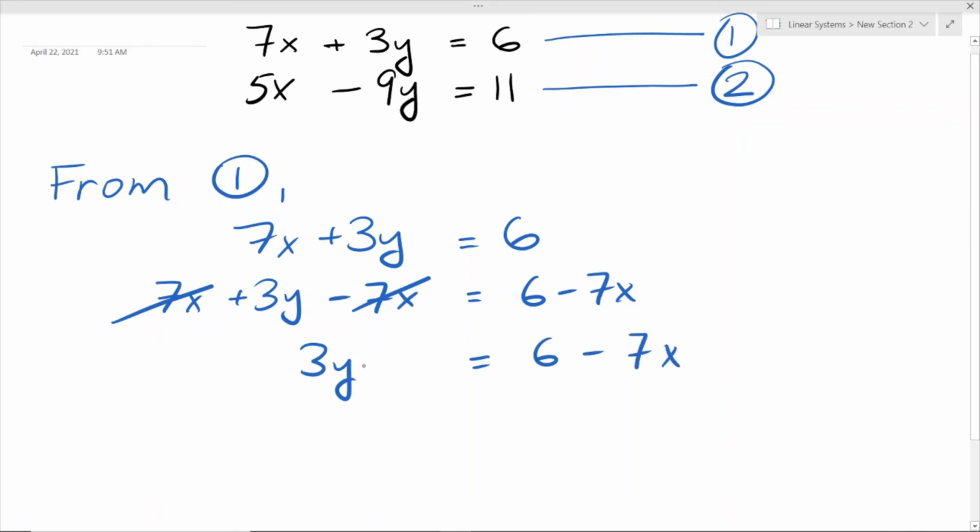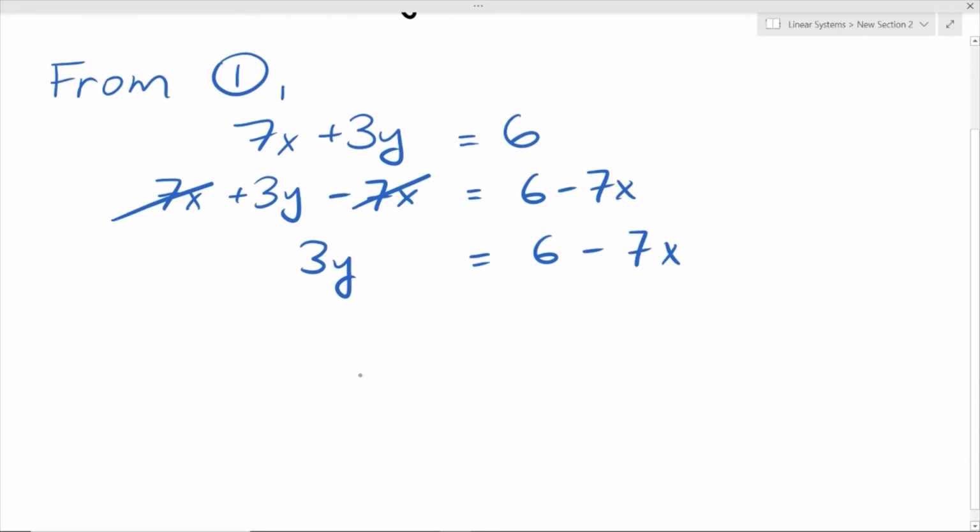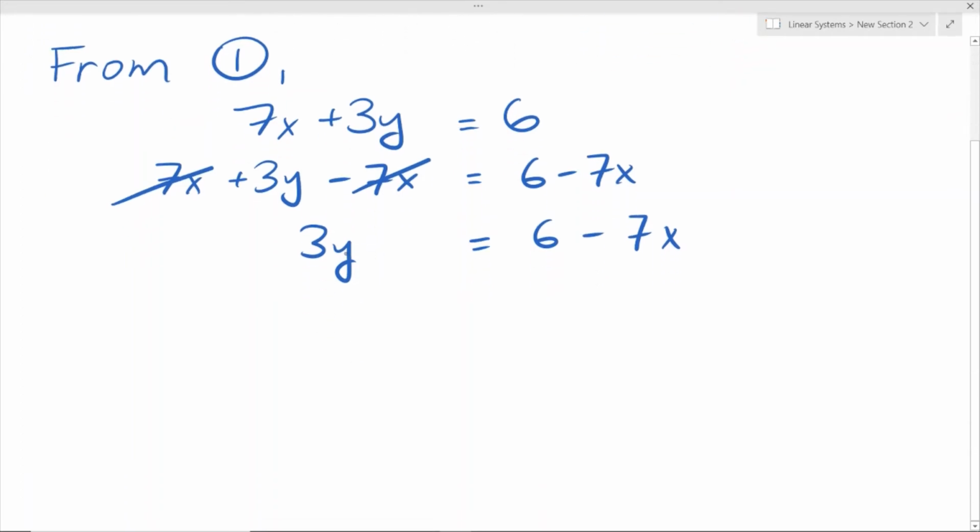Okay, so we're isolating for y, just like how we did before. We're isolating for one of the variables. And here we have 3 times y, and the opposite of multiplication is division, so I'm going to divide both sides by 3 to get rid of this 3 right here so we can leave y by itself.